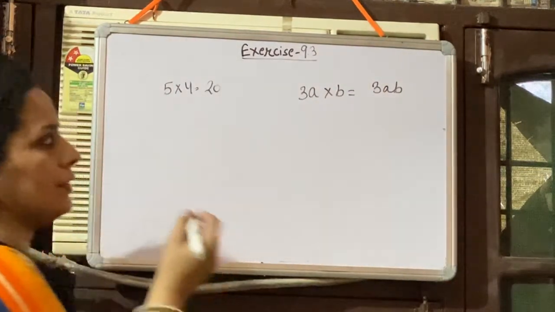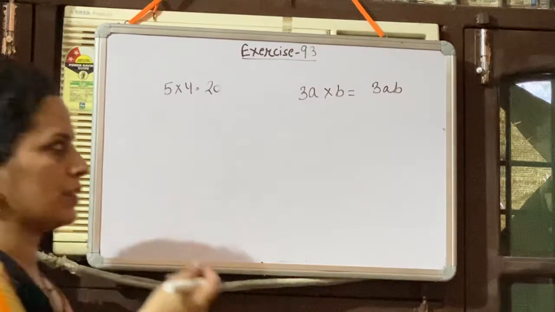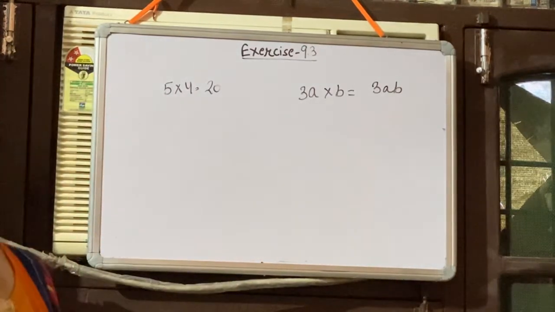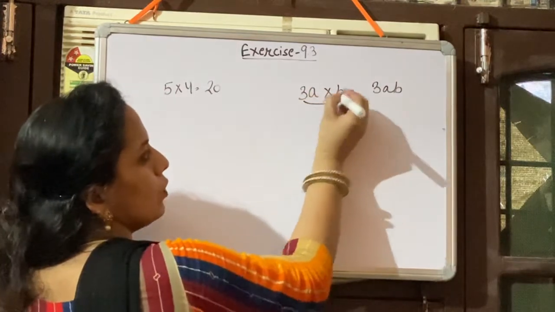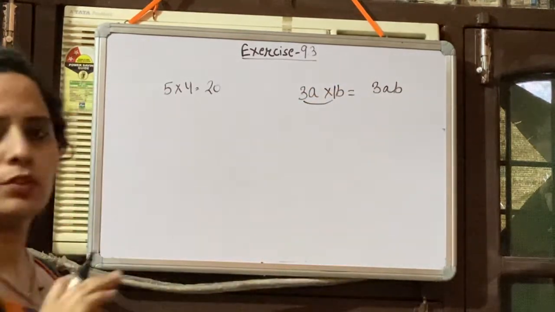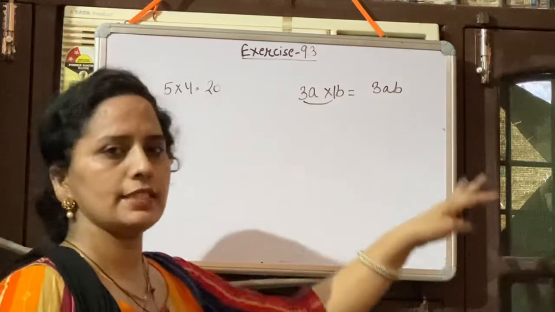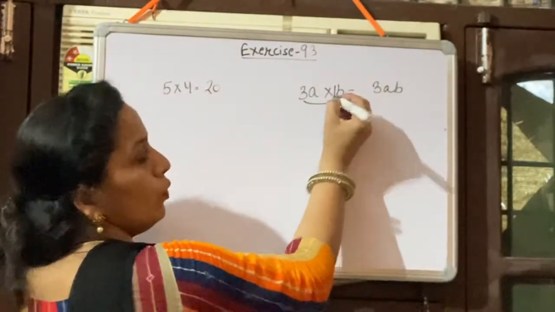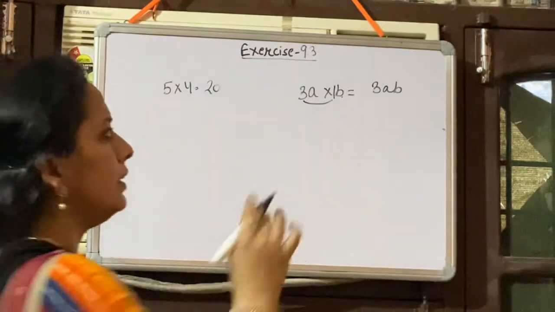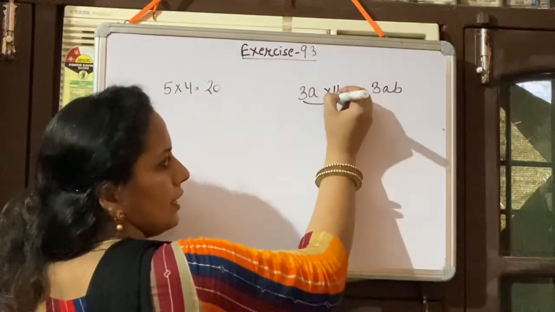But when we multiply algebraic expressions, we just keep one thing in mind: multiply the constant terms together and the variables in a separate way. That means if we have no coefficient, no constant here, we will write 1.